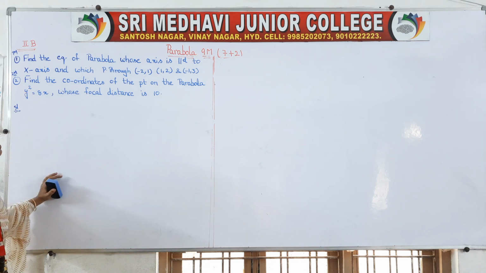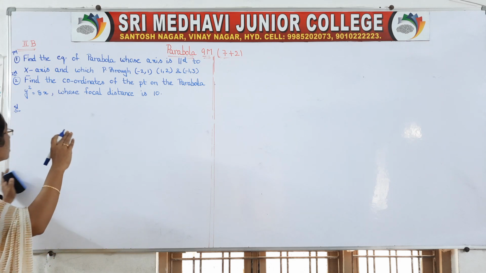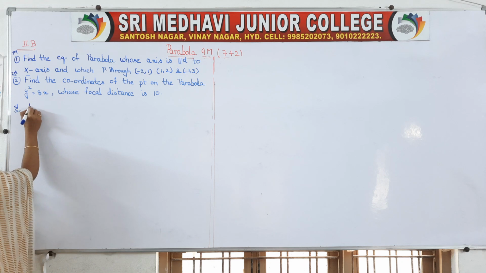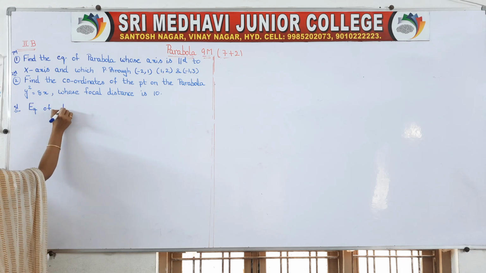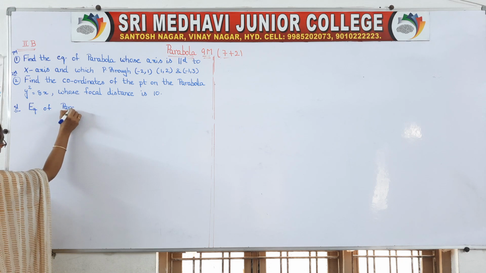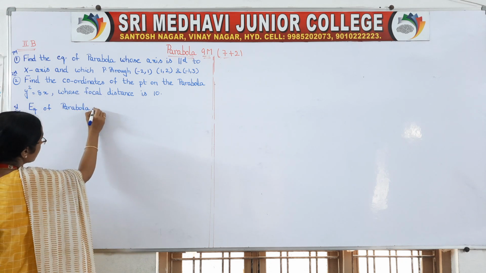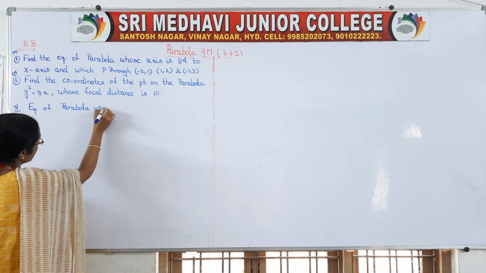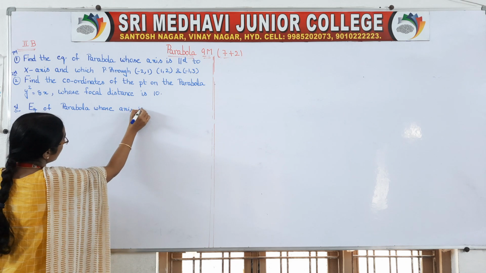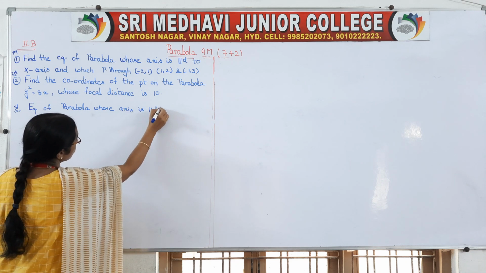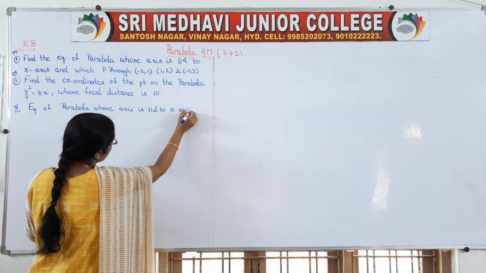First we have to write the equation of the parabola whose axis is parallel to x-axis. So one general equation of parabola, whose axis is parallel to x-axis, it is given. So what is that?